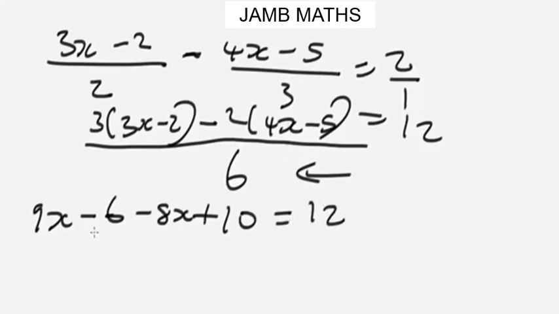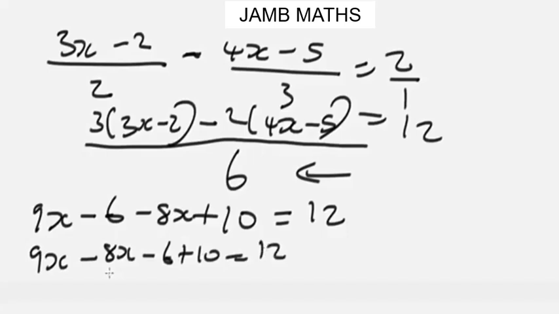Now let's collect our like terms. So we collect like terms, we need to have 9x minus 8x, and then minus 6 plus 10, equals 12. So 9x minus 8x gives us x. Now minus 6 plus 10 will give us 4.